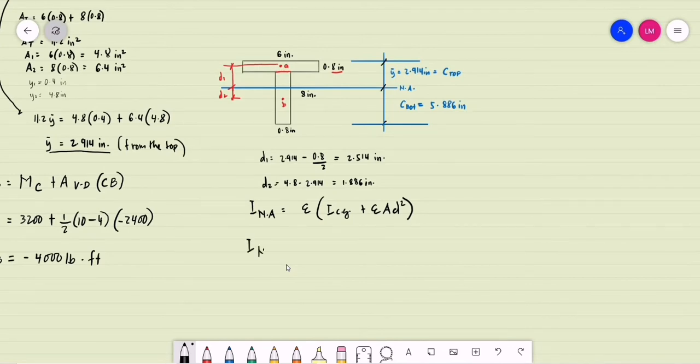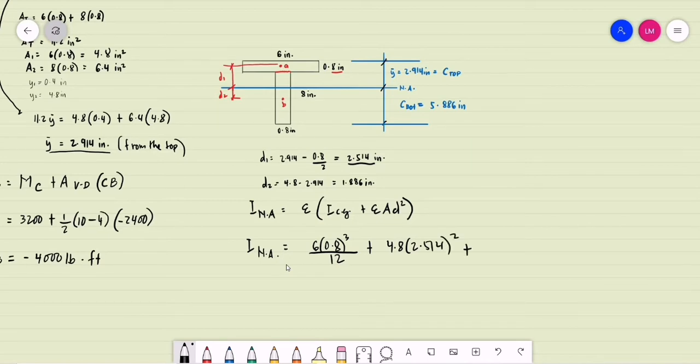Let's say this is I sub NA is equal to, for the flange, what is its base? Its horizontal base is 6. Its depth is 0.8, cubed, divided by 12. That is the BD cubed over 12 for a rectangular section. I hope you don't have a problem with this one, since I think you discussed this topic in statics. Plus the area of area 1 is 4.8. The distance of its centroid towards the neutral axis is 2.514 squared.